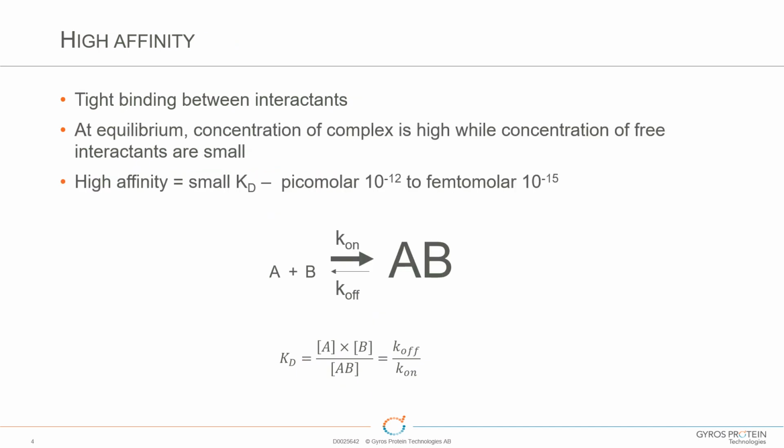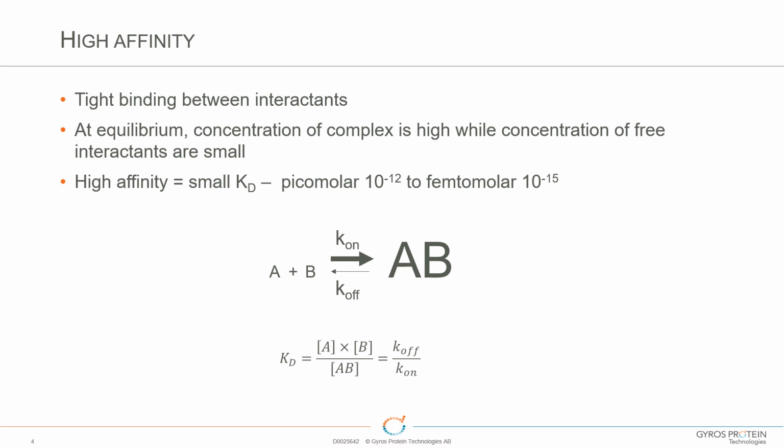So we're thinking about high affinity here. That's really describing a tight binding affinity between the interactants. And you can see here in this figure, a big AB complex means that at equilibrium, we're going to have a relatively high concentration of our complex, and relatively low concentrations of the interactants.